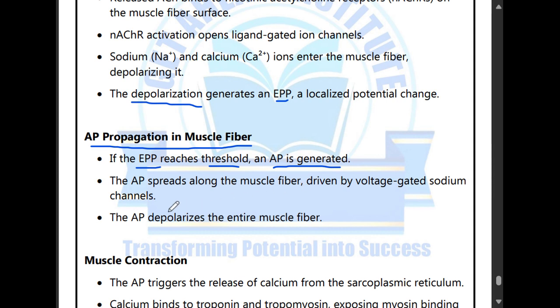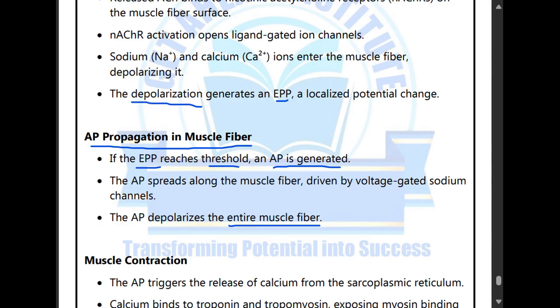Eventually this action potential will depolarize the entire muscle fiber. In other words, the EPP triggers the voltage gated sodium channels along the muscle fiber membrane, and when that happens, it initiates an action potential that will propagate along the muscle cell.